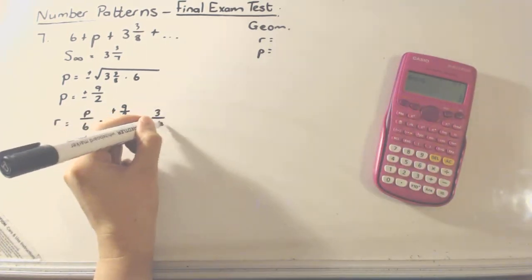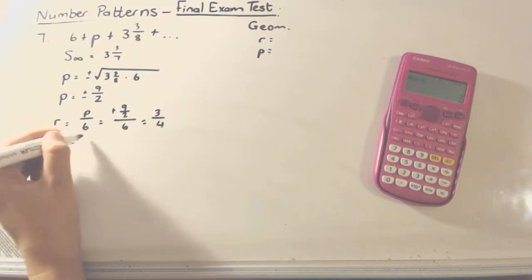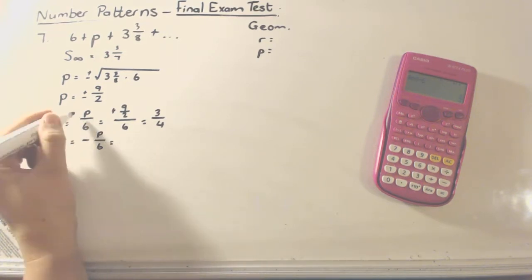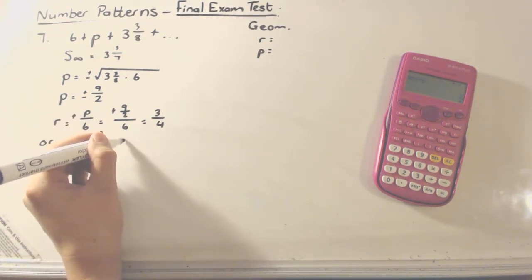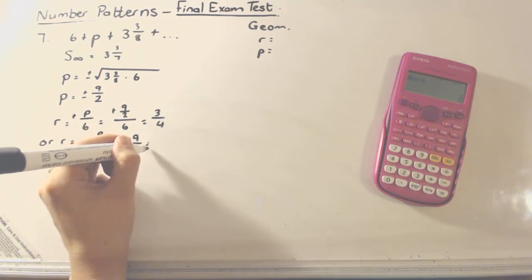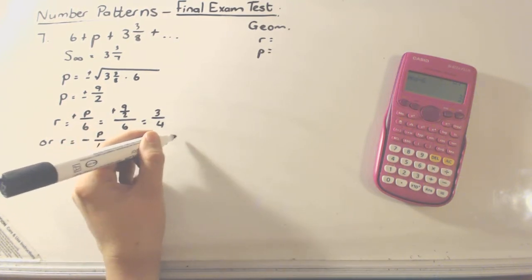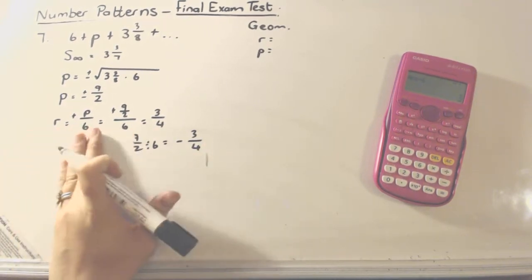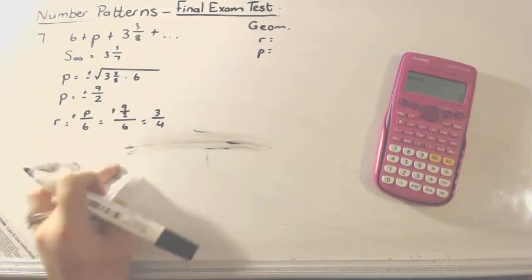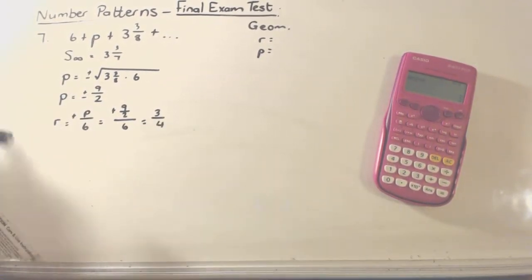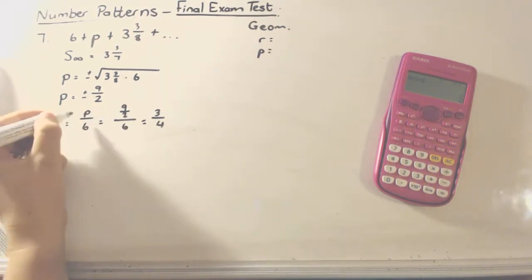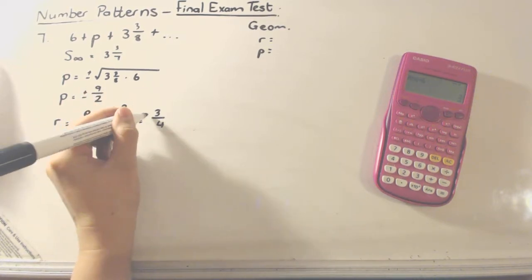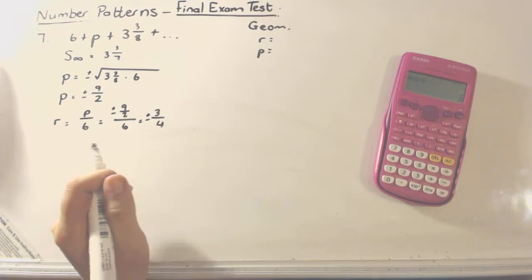So r can be either that, or r can be negative p over 6, which is negative 9 over 2 divided by 6, and that should be negative 3 over 4 then. Or you can really just write it like that, plus or minus 3 over 4.